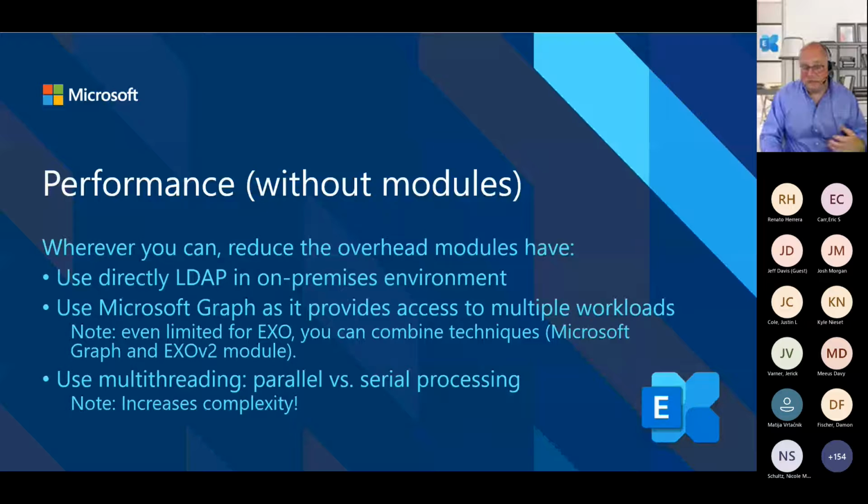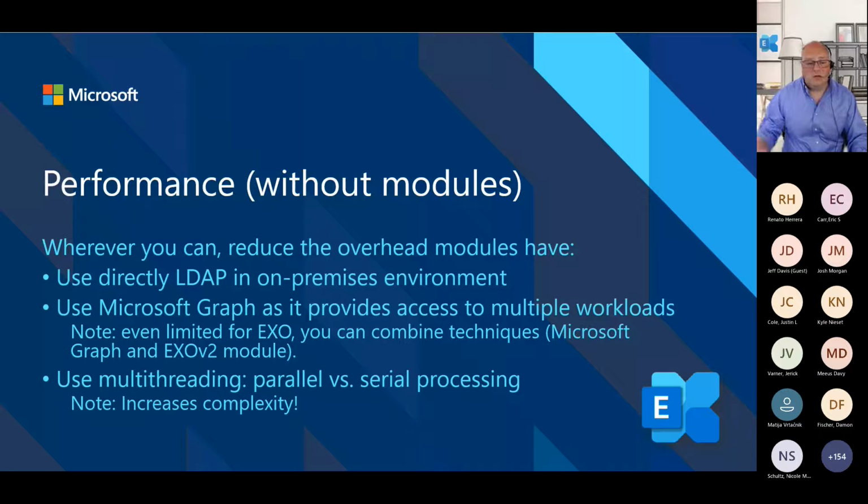When it comes to on-prem, LDAP or ADSI was always, for me, the fastest way to retrieve information, and it was built for that. So you can use LDAP, talk directly to your domain controller, and retrieve the data.